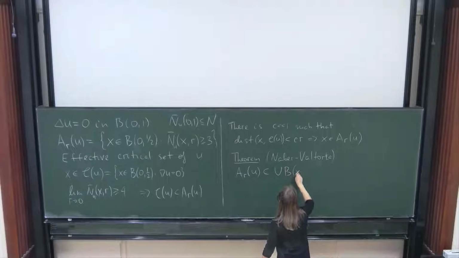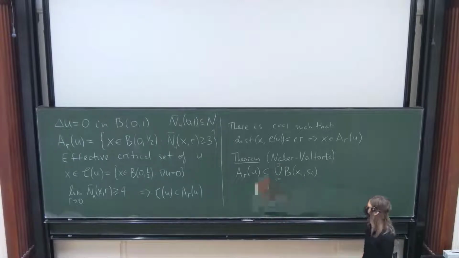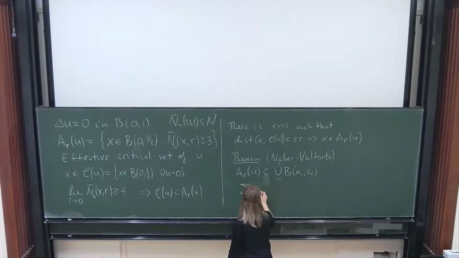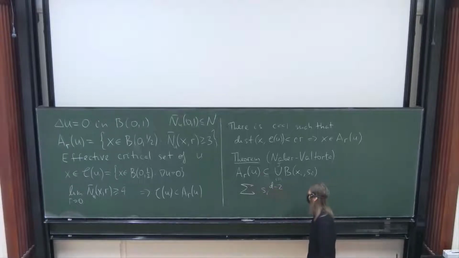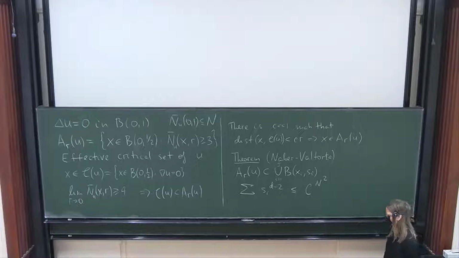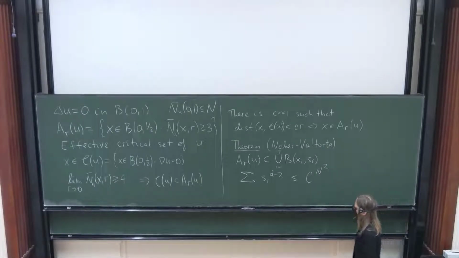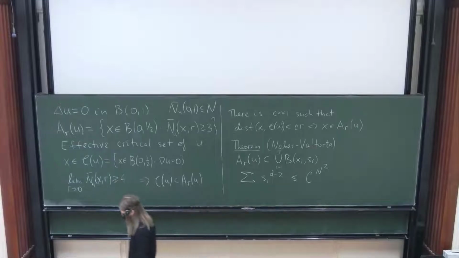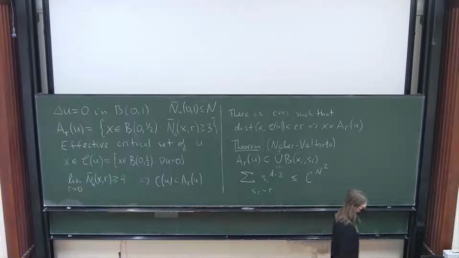You can cover this effective critical set by balls such that the sum of the powers of these balls, the radii to the power d minus 2, is bounded by a constant times N squared, and this s_i will be of order r.